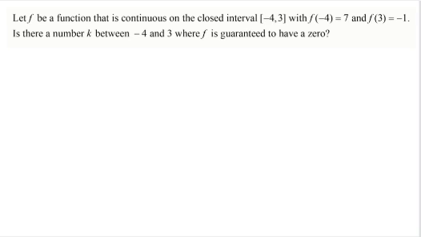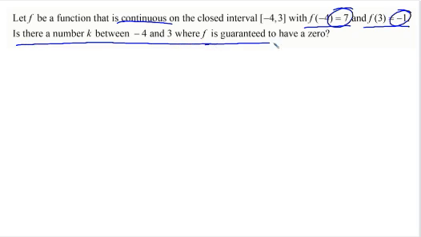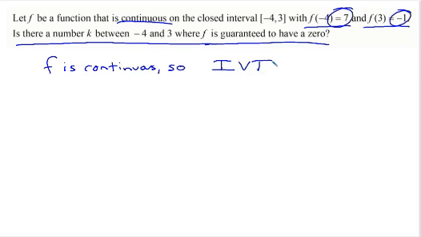So let f be a function that is continuous on the closed interval -4 to 3, and they tell us that f of -4 equals 7 and f of 3 equals -1. Notice there's a sign change. That's important. Is there a number k between -4 and 3 where f is guaranteed to have a 0? Well, first, we need to say that f is continuous, so the intermediate value theorem, IVT for short, applies.